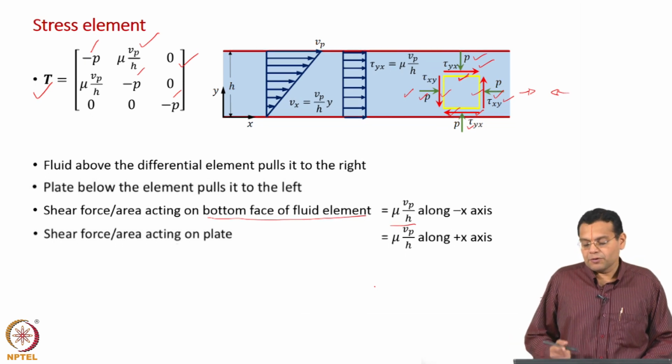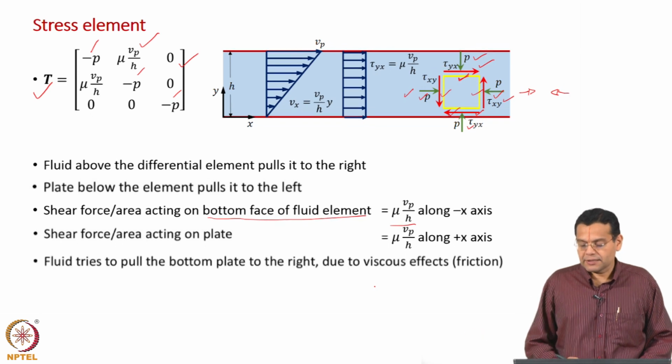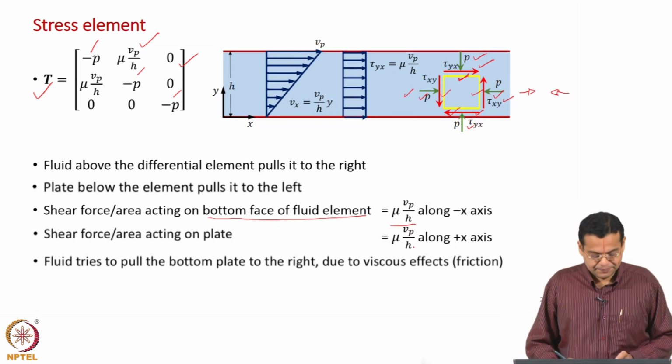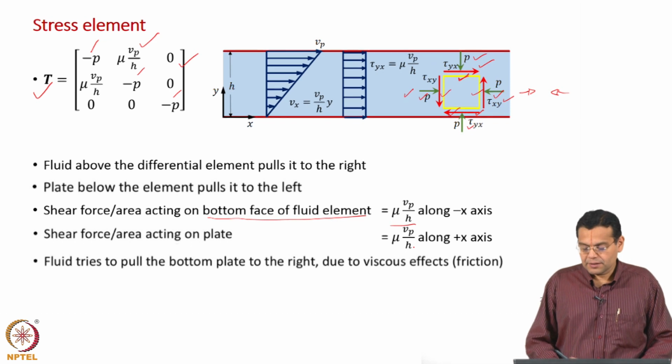Okay. Fluid is trying to pull the bottom plate towards the positive x axis. That is why shear force per area acting on the plate is towards the positive x axis, okay. The bottom plate is pulled to the right, of course, due to viscous effects.